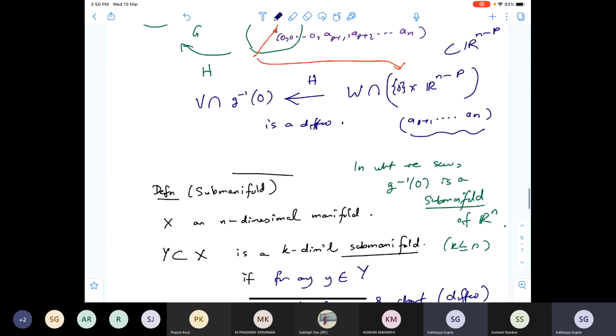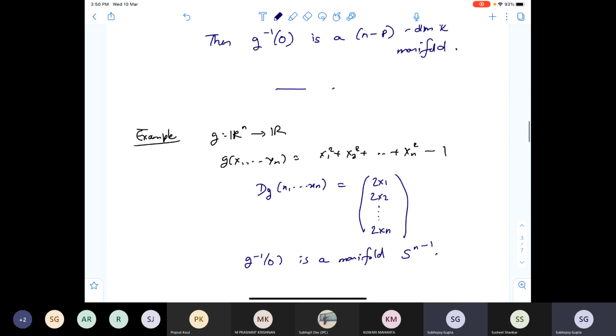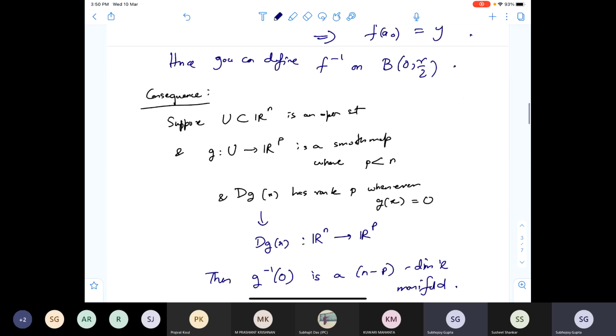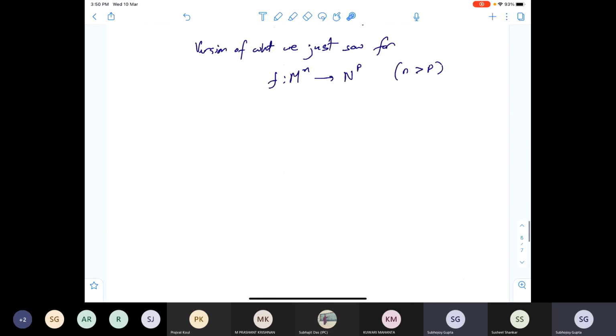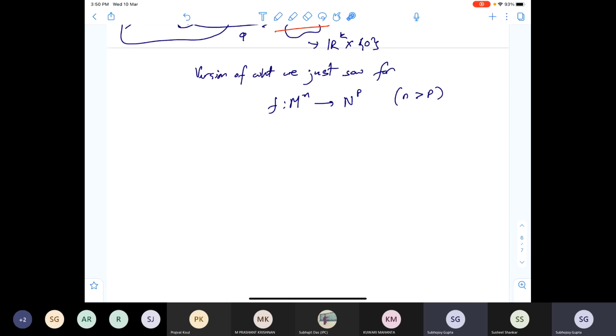So remember that if I go back to the statement of what we just saw, we had this kind of funny thing of this derivative having full rank for all these points. This is a special property. This is called a submersion.